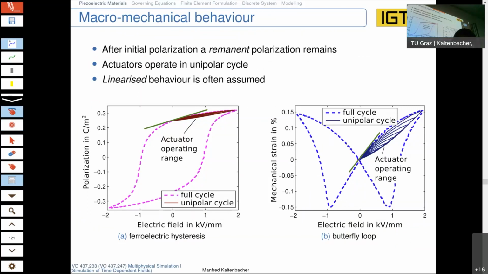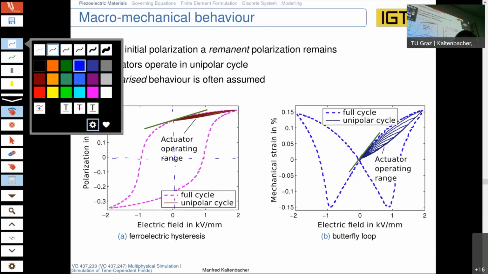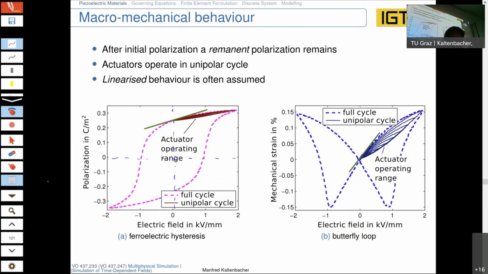Let's say we just put in our axes here. And what actually happens is the following. We start at this point, as I have told you: although it is a piezoelectric material, and on the small scales we have our polarizations, summing them all up we get no remnant polarization.